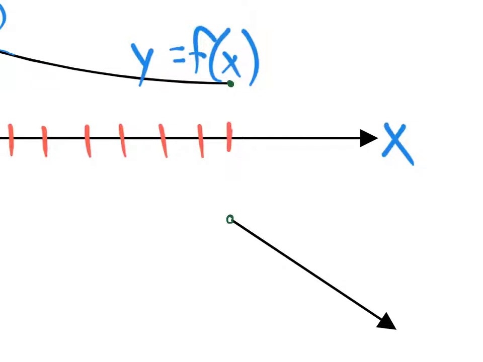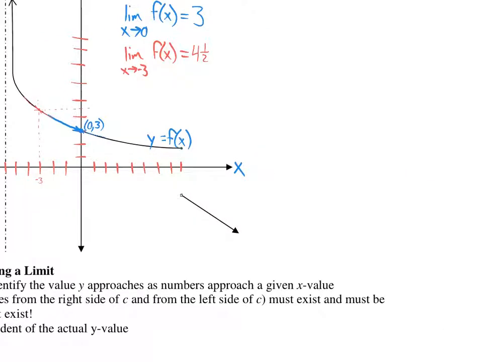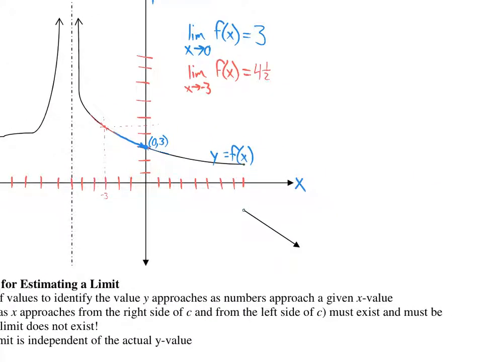So for some reason our function just jumped down. Now, this is at 8. So the limit as x approaches 8 of f of x.